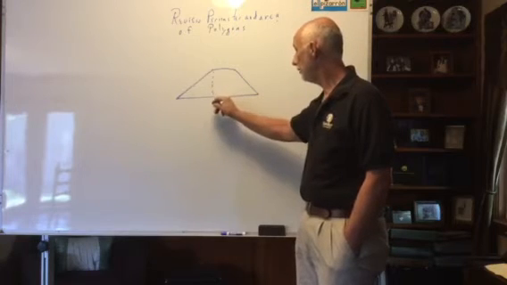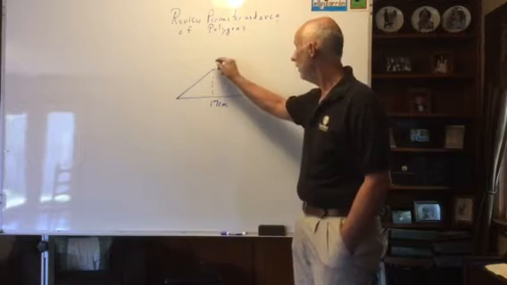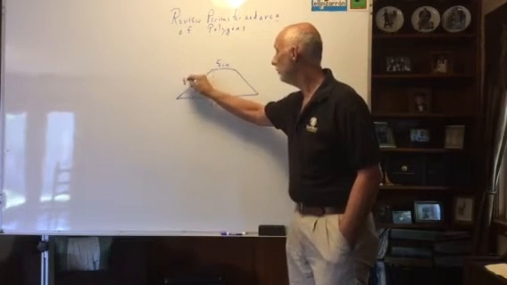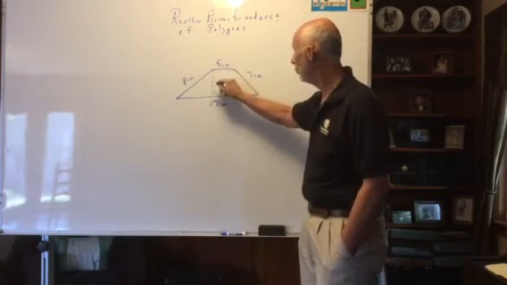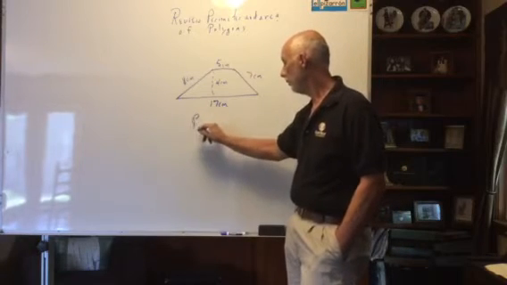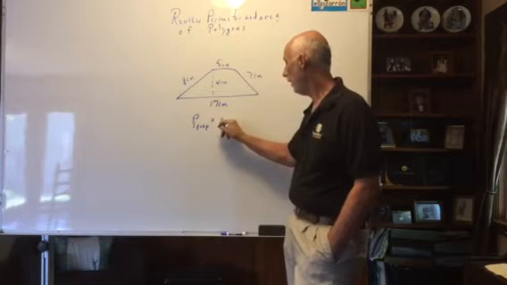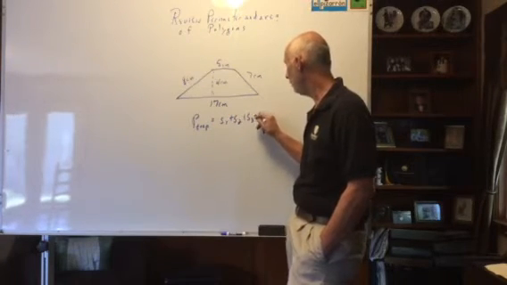And let's say that this side right here is maybe 17 centimeters, and this is 5 centimeters, and this is 8 centimeters, and this is 7 centimeters, and this is 4 centimeters. So again, for the perimeter of a trapezoid, it's side 1 plus side 2 plus side 3 plus side 4.